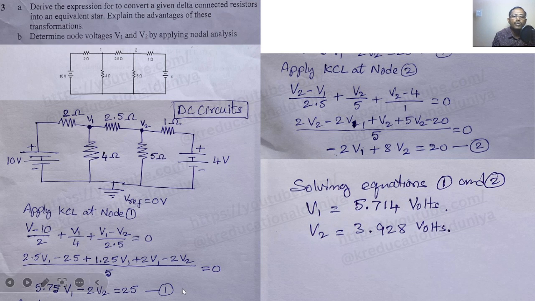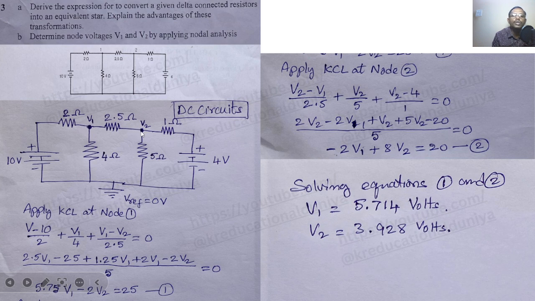After doing that, go to the next node, that is the V2 node. Think that V2 has the highest potential, and here there are 3 currents: I4 plus I5 plus I6 is equal to 0. Now I am telling about I4. According to Ohm's law, I4 is from here to here.